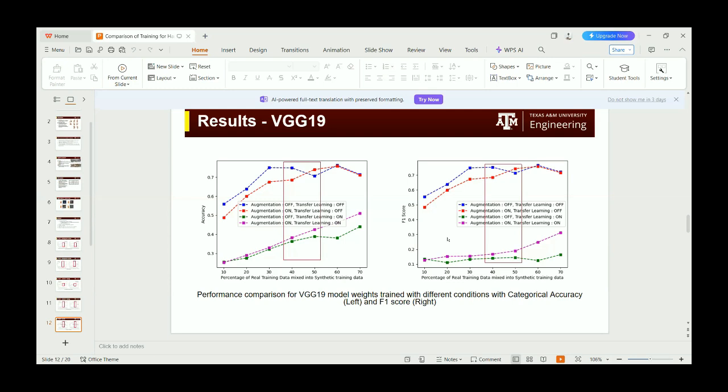We're still seeing better behavior when we have augmentation on. This is common across all three of these. But with VGG19, transfer learning on and augmentation on seems to behave better, versus in all the other examples that we're seeing later on.